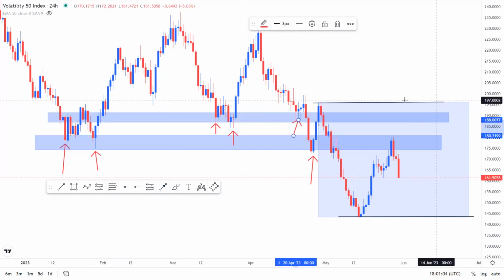Like we said, anywhere within this rectangle is where we want to identify those areas of interest, areas of value, where we potentially want to wait for price to retrace into and then look for selling opportunities in line with the market structure.